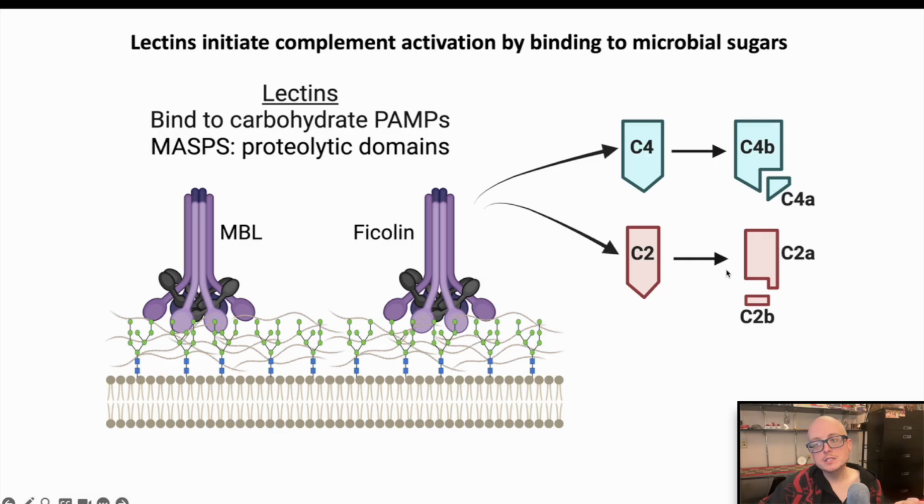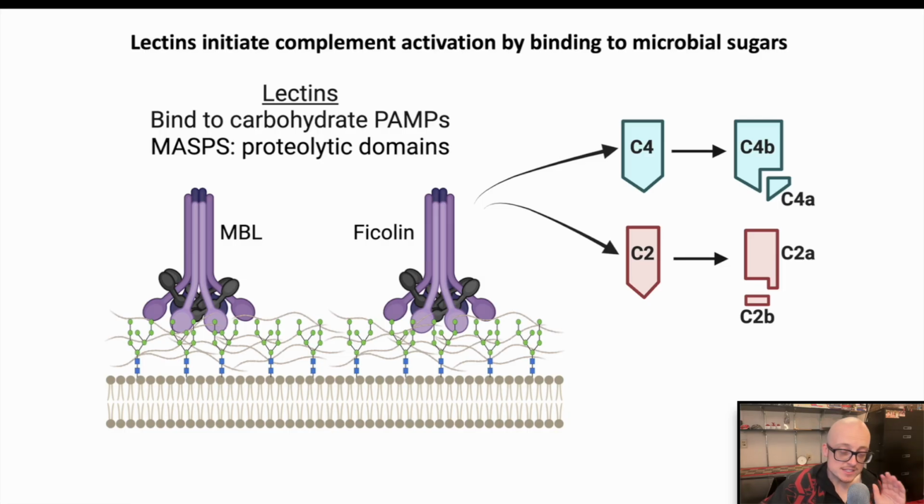Similarly, C2 will be cleaved into C2a and C2b. And if you compare the last slide to this one, you'll see that on the right side of the slide, the proteolysis of C4 and C2 is exactly the same. The only difference is that initial molecule. The classical pathway uses C1, whereas the lectin pathway uses lectins like MBL and ficolin. But everything downstream from here looks exactly the same.